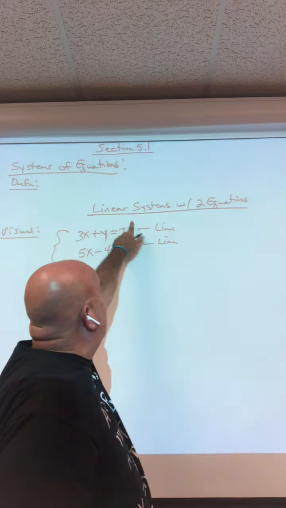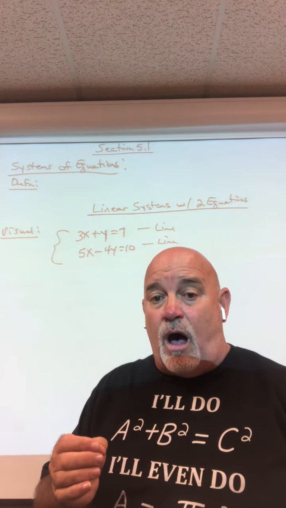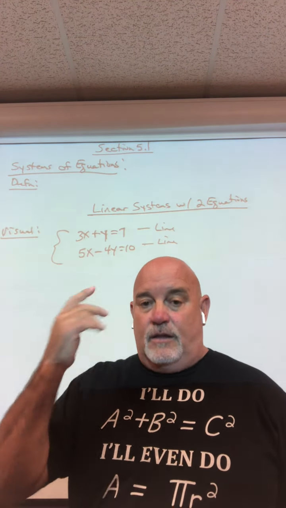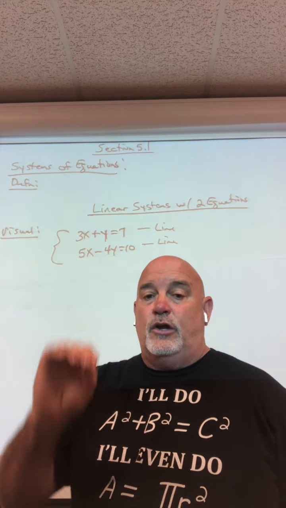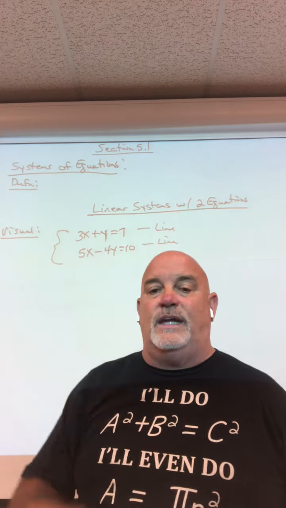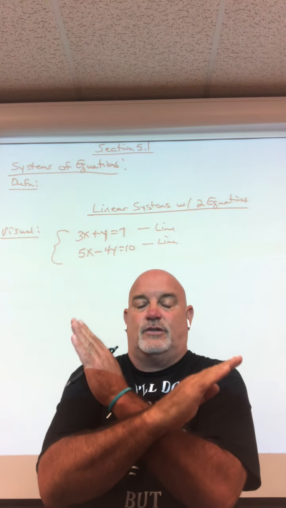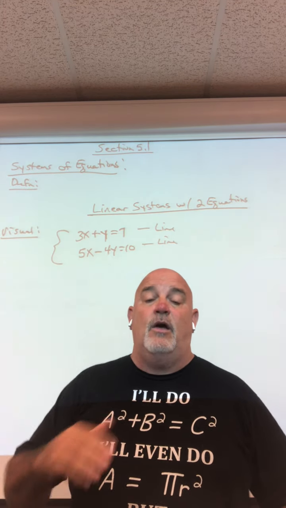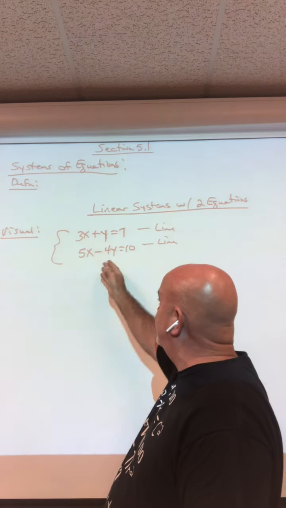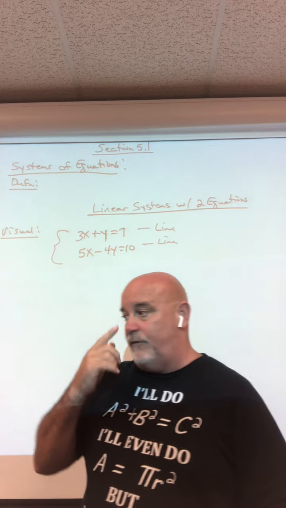When we solve a system, and that's what we're about to do in just a few minutes, if you're talking about two lines, you're looking for the point that is an answer to both equations at the same time. And that occurs at the point of intersection. So it's basically where the two graphs cross. So to solve a system means to find out where these two lines cross. That's what we're looking for.